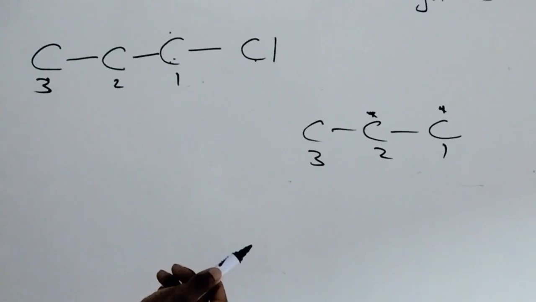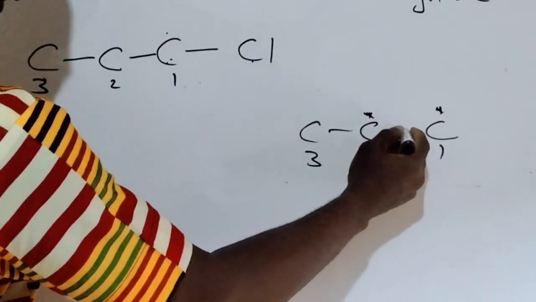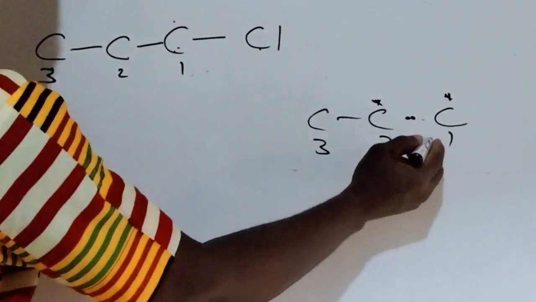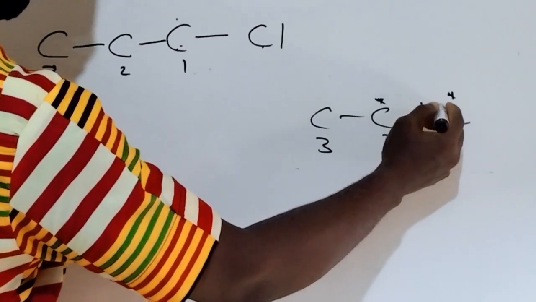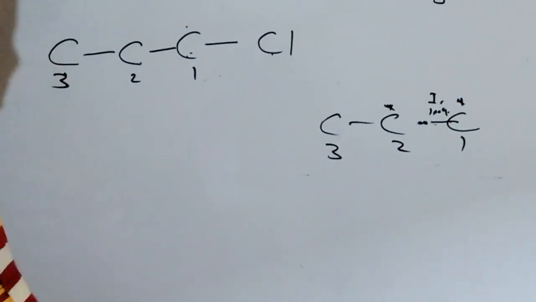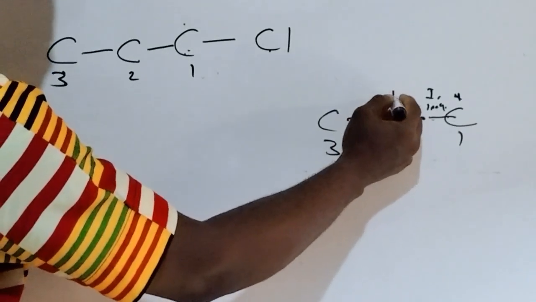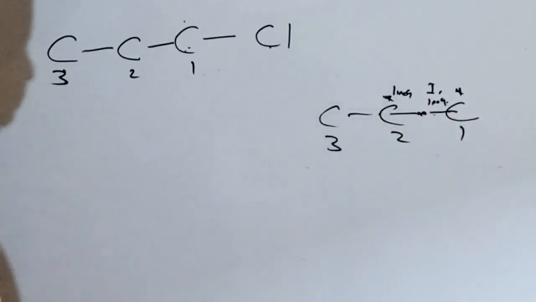A sigma bond means 2 electrons shared between the 2 carbon atoms. Let's assume the distance between the nucleus of this carbon and the electron is 1 inch, and the distance between the other carbon nucleus and the electron is also 1 inch. So none is cheating the other because they have equal electronegativity.